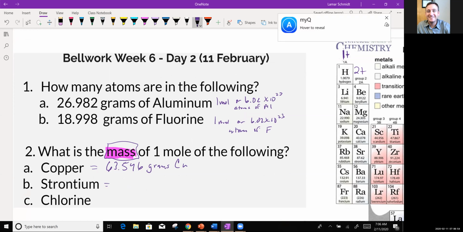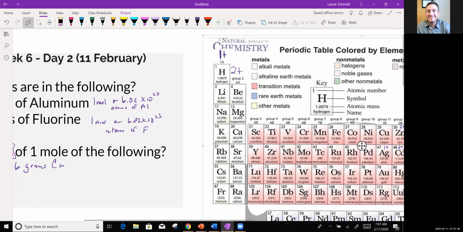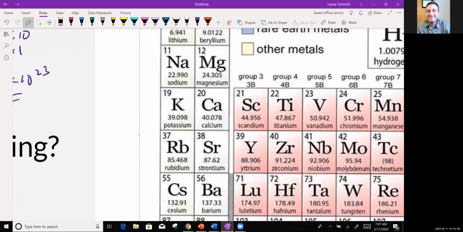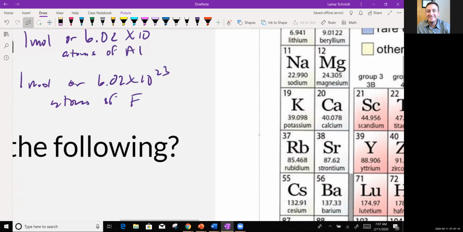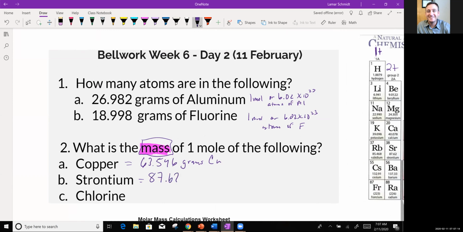Okay, and we can put copper there if we want. So for strontium, what is the mass of 1 mole of strontium? Once again, go to your periodic table. You see 87.62. So our answer is going to be 87.62 grams of strontium.